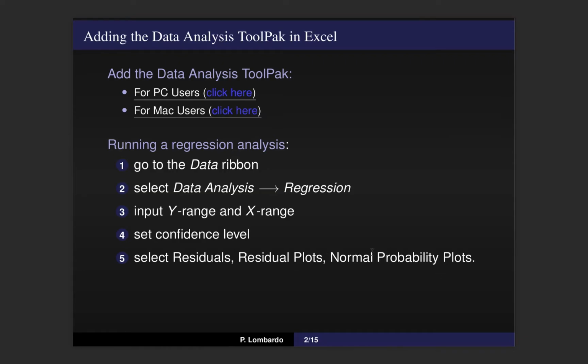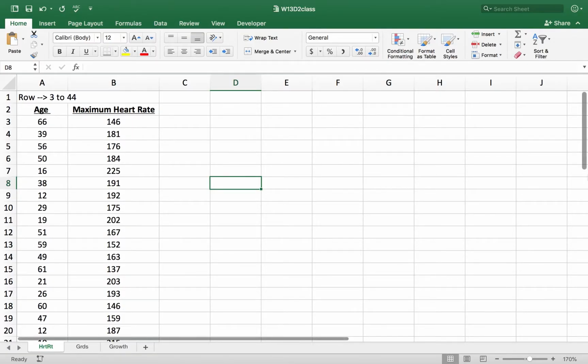Okay, so let's go to an actual workbook data, and I'll show you how to run this regression analysis inside of Excel. So I'll walk through these steps, but they're here for you if you need them. All right, so in your week 13 materials, you'll find an Excel workbook called W13D2. And if we open up that Excel workbook, we'll see our first data set here.